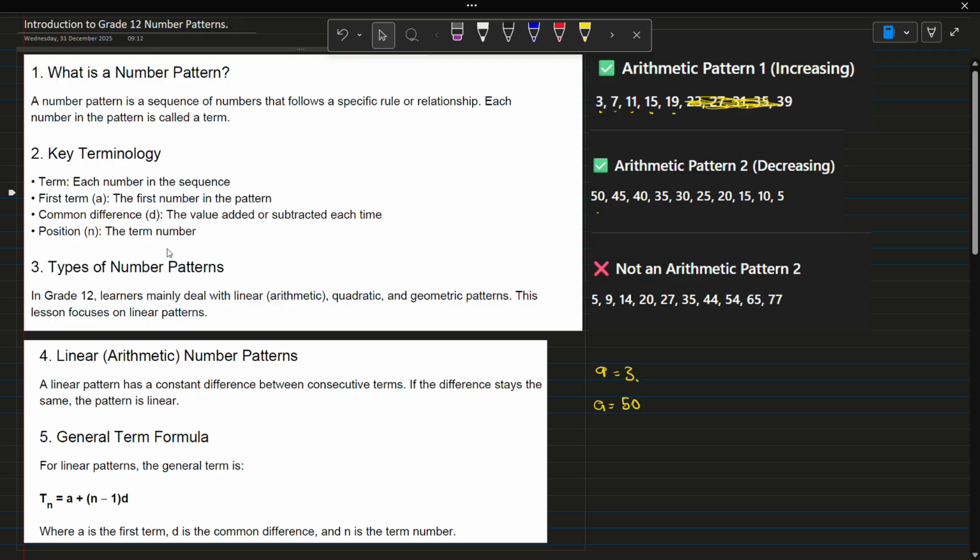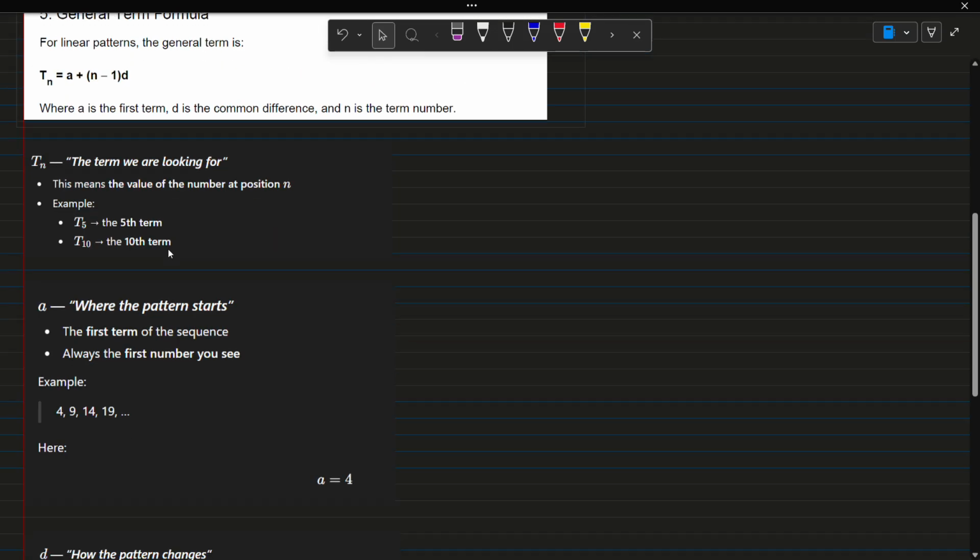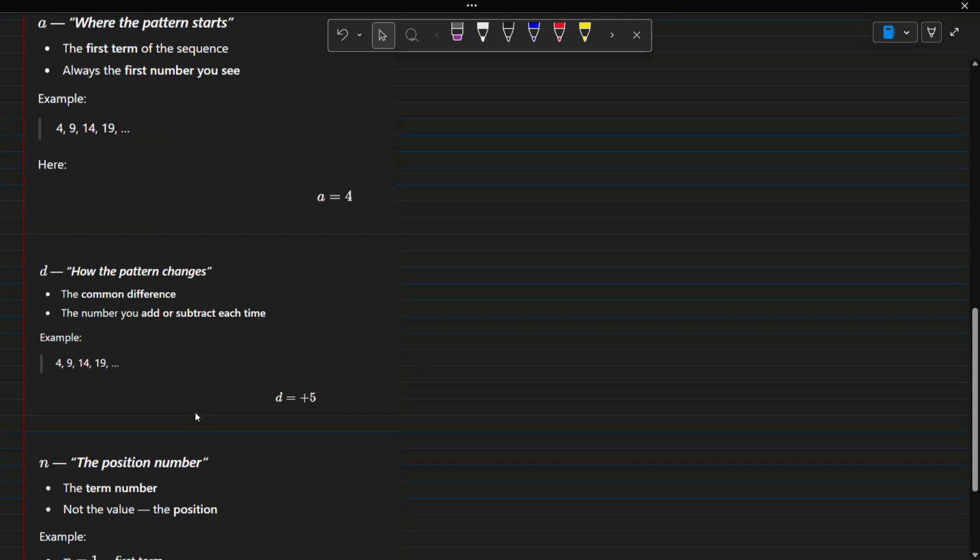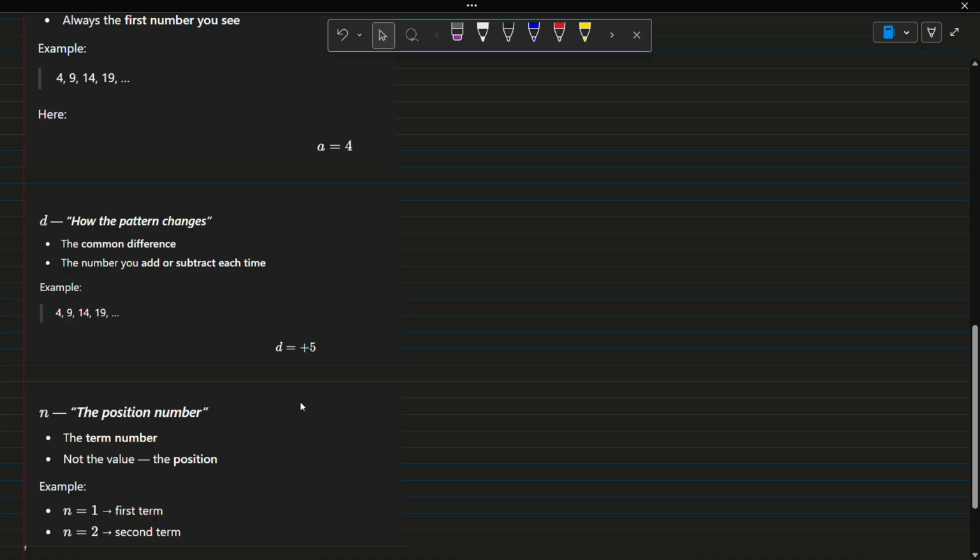Then what is the common difference? The common difference is how the number pattern changes. Let's say we have 3, 6, 9, 12. The number pattern changes by adding 3. That's our D, how the pattern changes, called the common difference.